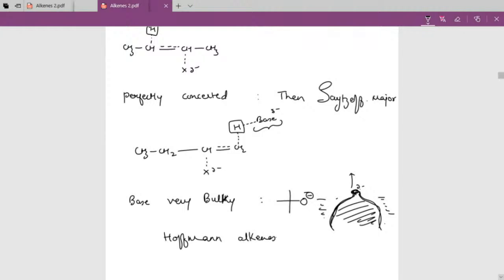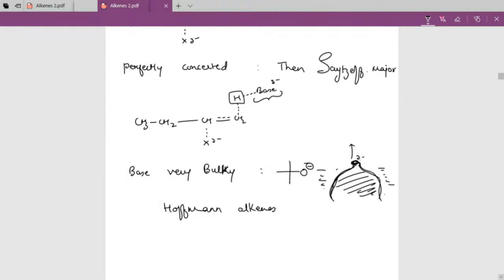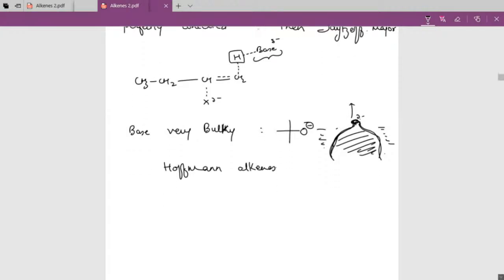So in the net reaction, we have written that if the halogen is chlorine, bromine or iodine, with alcoholic KOH, a small base with equal ease to approach substituted and non-substituted H, answers are Zaitsev. But if I have a bulky base, when my ease of approach to those two H is not identical, then the answers shift towards Hofmann. So one condition in which answers shift to Hofmann is the use of a bulky base.